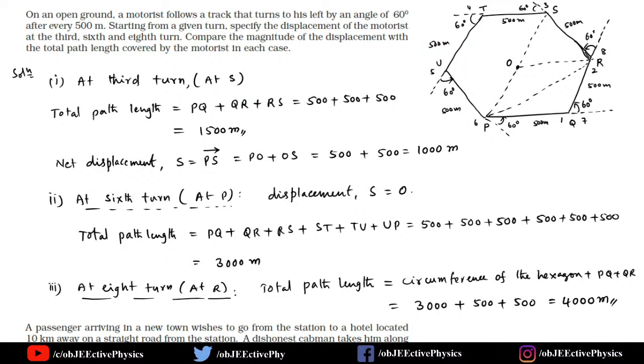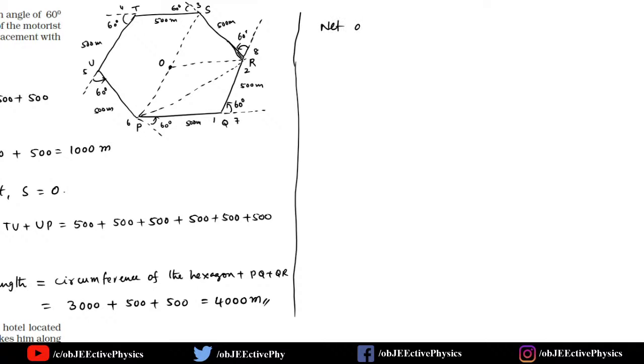Now displacement. Net displacement at 8th turn is PR. Observe here in the diagram, P, O, R, Q is a parallelogram.